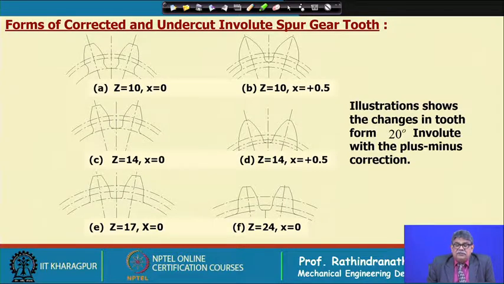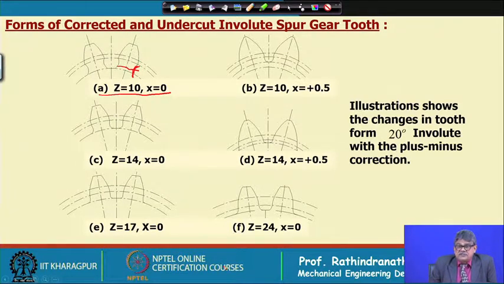Say if we take 10 teeth with 20 degree involute and without correction, so this is the shape, clearly there is an undercut and this section is weak. Now, if we provide a 0.5 correction, which can be calculated, depending on the speed we can calculate how much correction we can give.